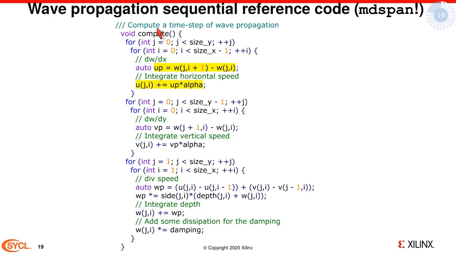So the full application in the sequential way fits on one slide. So it's three 2D nested loops. And here we use this Fortran-esque syntax because we use mdspan from the future ISO C++ to express our code. And we will focus on this yellow loop nest, this yellow operation. So if we distribute, for example, W by block on our tiles, then when you want to access W j+1, i+1 might be actually stored in the neighbor's memory.